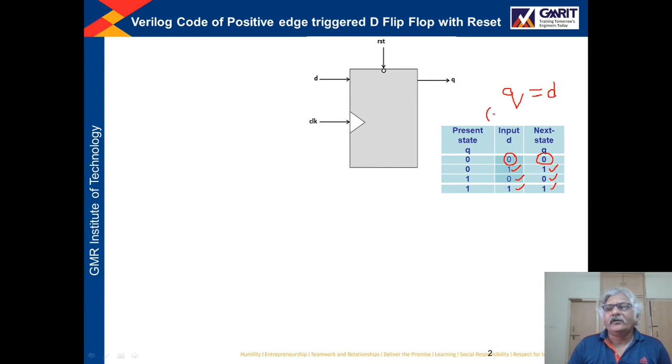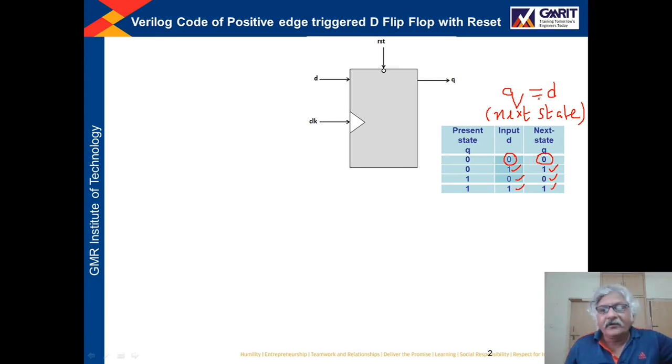So this Q is next state. The value of D will become the value of Q once the positive edge of the clock is detected.